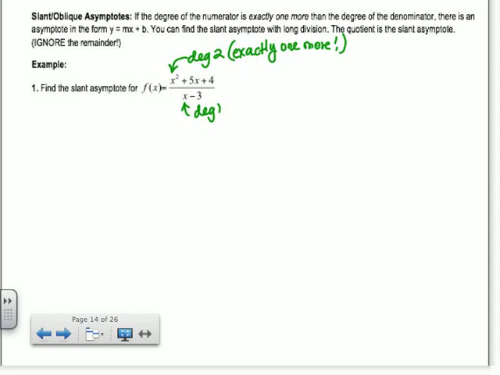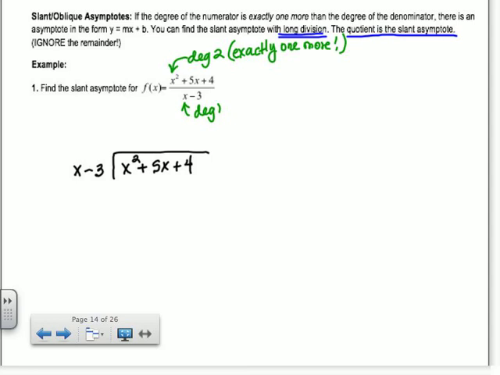All right, so find the slant asymptote. Exactly 1 more, yeah. You can find the slant asymptote with long division. The quotient is your slant asymptote. So let's do our long division. You guys thought we were done with it for good, didn't you? Wait, if you can factor it, can you just cancel it out?